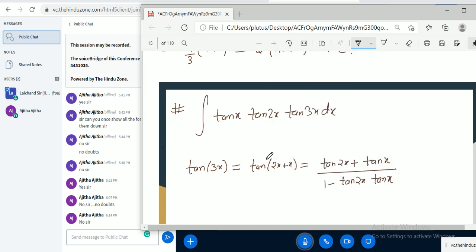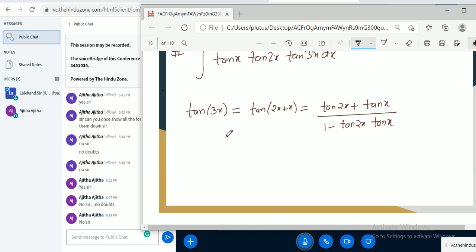If we cross multiply this, then we have tan 3x minus tan 3x tan 2x into tan x, and finally on this side tan 2x plus tan x, isn't it? So we need the value of this expression.